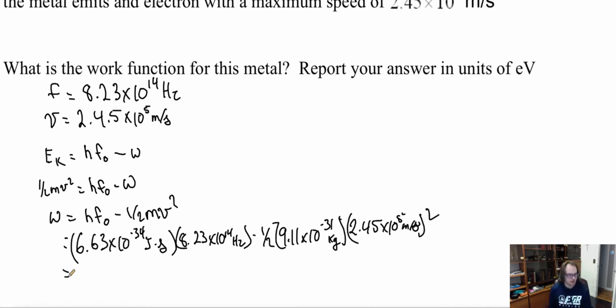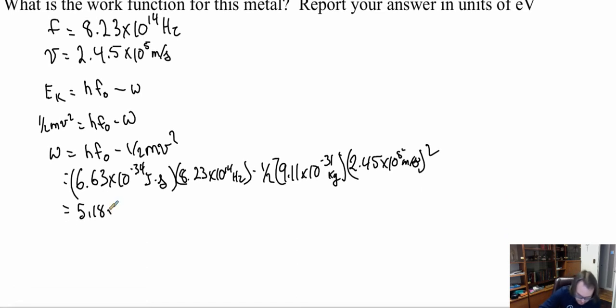So when I calculate all that, I'm going to end up getting 5.18 times 10 to the negative 19 joules. But we wanted my answer in electron volts, so we have to convert to electron volts.